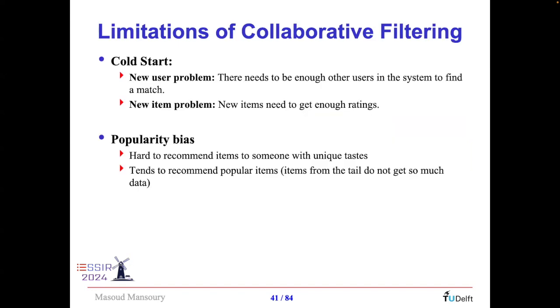In general, in collaborative filtering, we talked about neighborhood models and matrix factorization, and these models, while working well, also suffer certain limitations. First is the cold start problem.